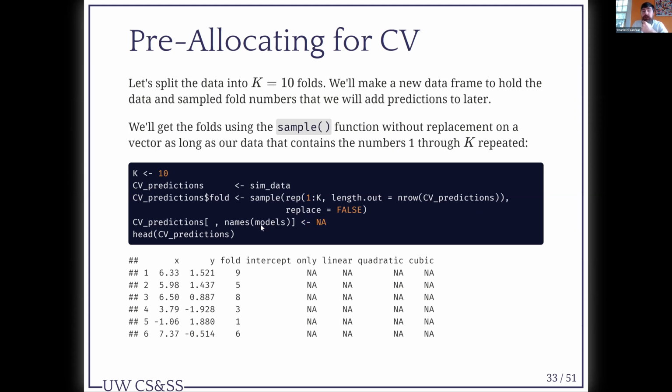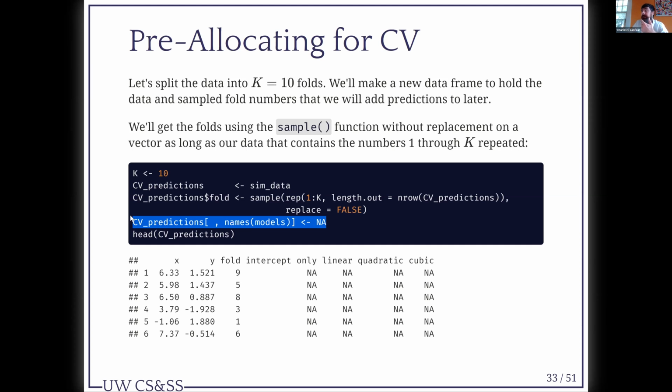Well, it turns out if you use single bracket subsetting and assign to a named vector of columns, it will create all the columns that don't exist. So names models here is a vector of intercept only, linear, quadratic, and cubic. If I assign NA to this, it just generates 4 columns filled with NAs. It's a little assignment trick.